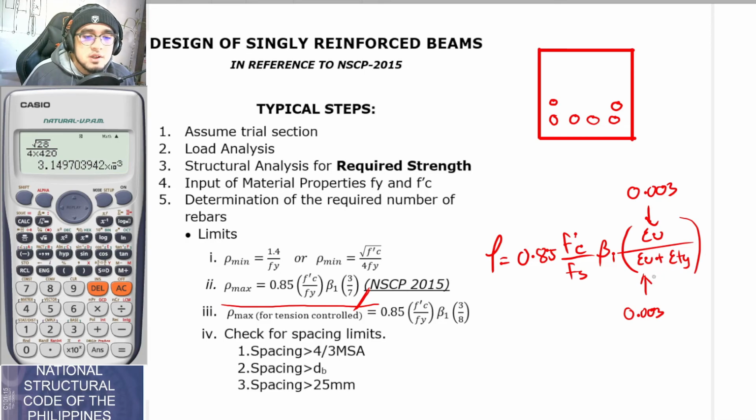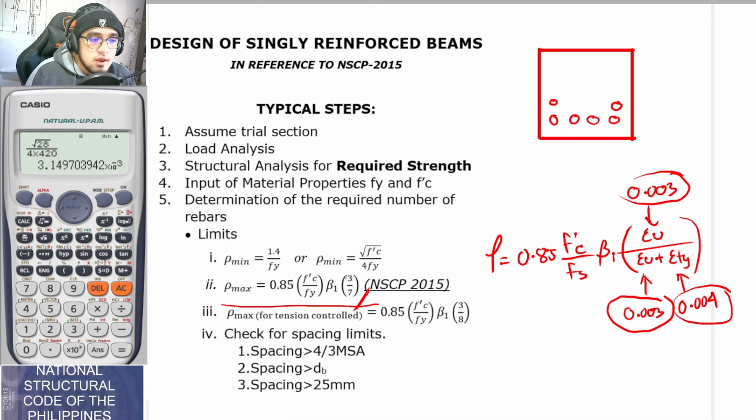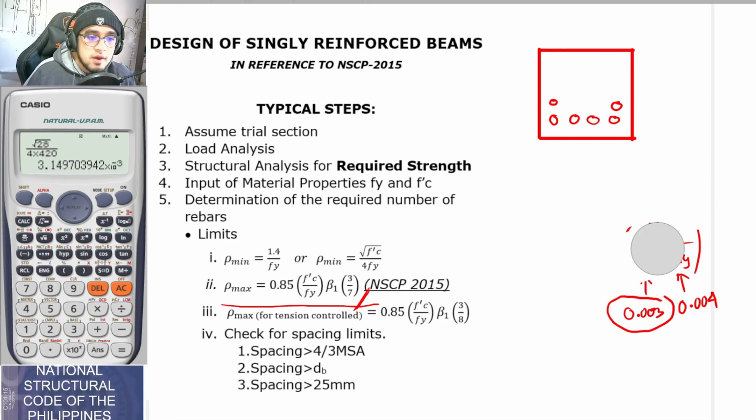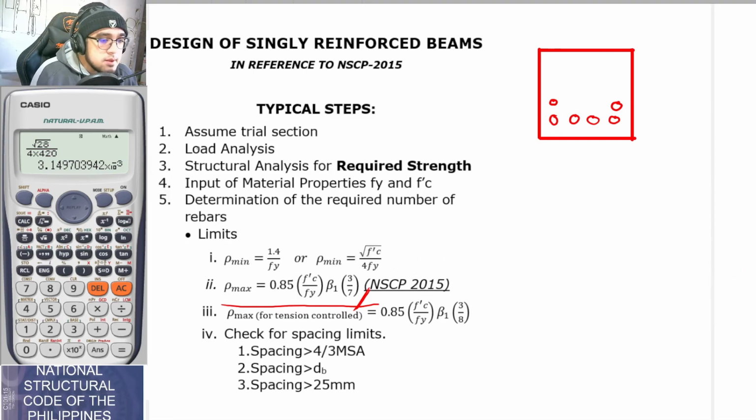And if you would be substituting 0.004 here, which is allowable by NSCP, you would be arriving at this particular equation. It is simplified because this is 0.003 divided by 0.003 plus 0.004. That is 3/7. So this is just the simplified one. So this is the limit by NSCP 2015.